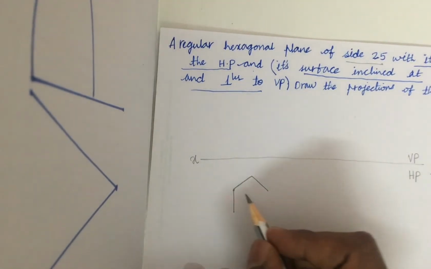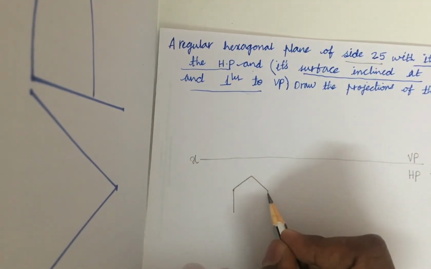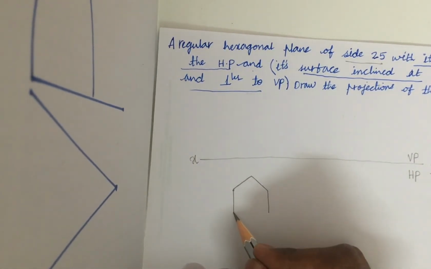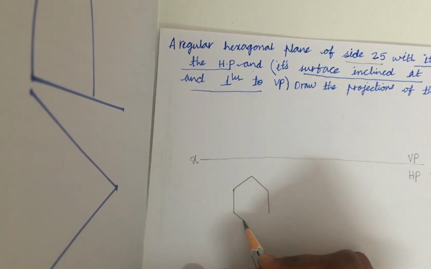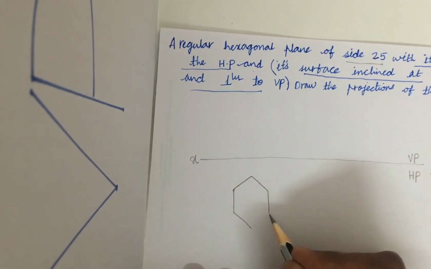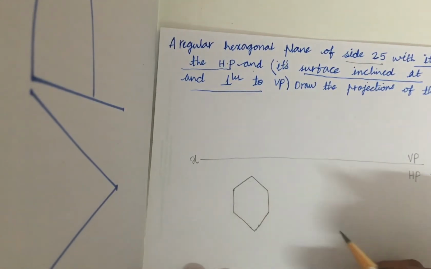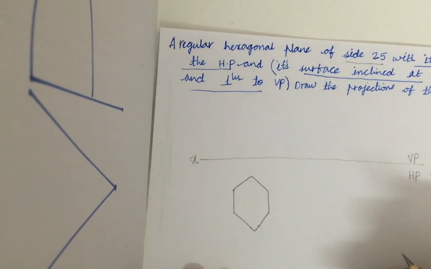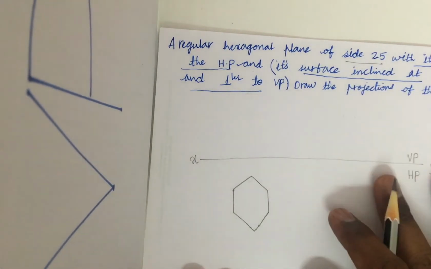Now, the distance is how much? 25. All the sides are 25, dear students. Similarly place your protractor here along with this and draw a 60 degree angle, and the side is 25. I hope you know how to work this out. If you did not concentrate on the construction of a regular hexagon, please do watch in the channel the videos which we have drawn for you all.